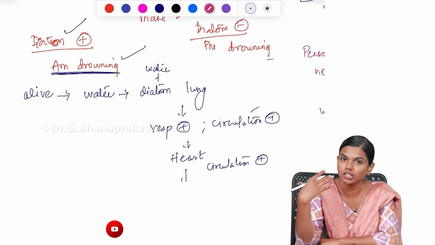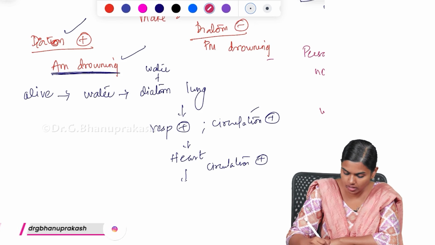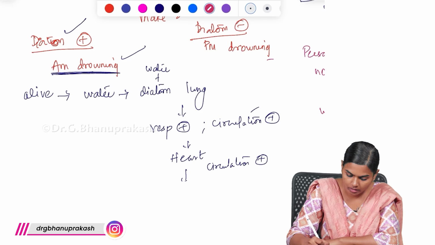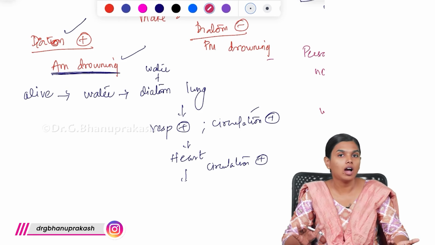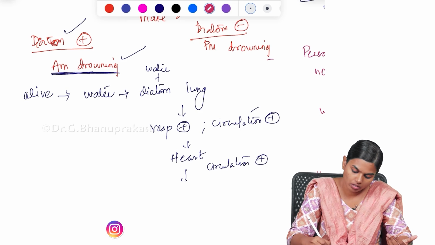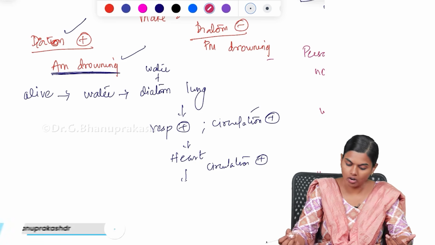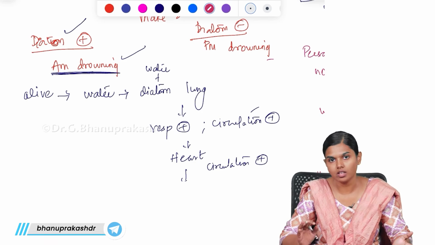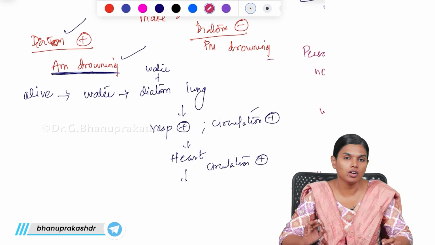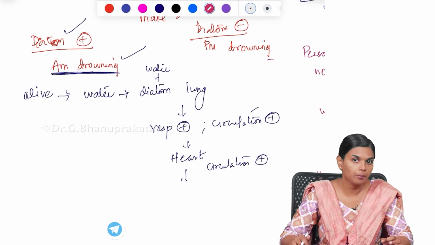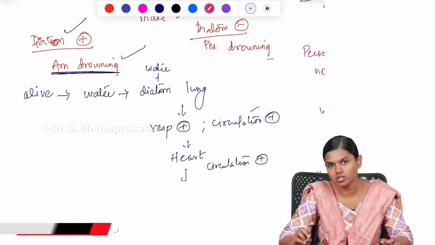But the issue is that since the circulation is absent, this diatom from the lungs will not go to the heart or the periphery. So heart it will not enter, periphery also it will not enter. So this is how things happen. If you take and examine lungs for diatom, still you will get positive diatom. But in the periphery, if you take and test, you will not get any positive diatom.